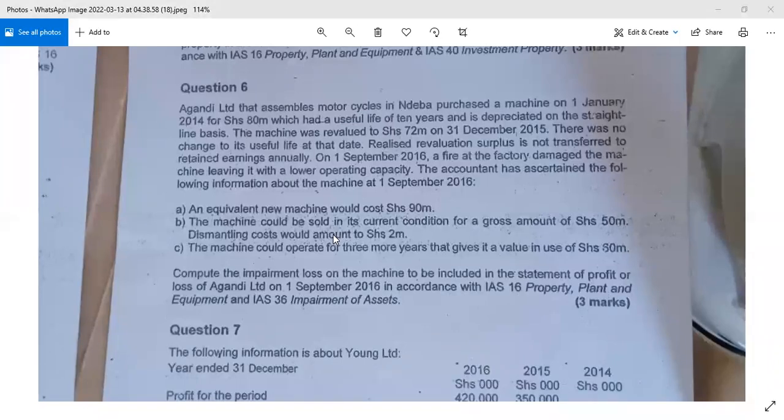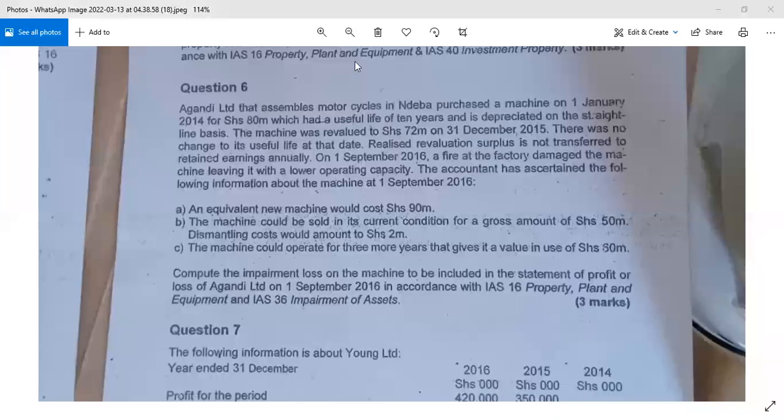Then you deducted 2M, what you're calling the dismantling. Then value in use is 80 million. Is it 80 or 60? Let me confirm to be sure. Okay, I think it is 60.